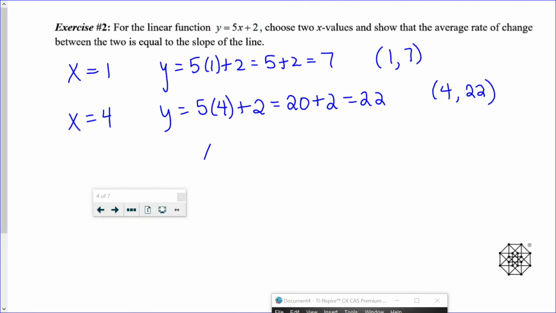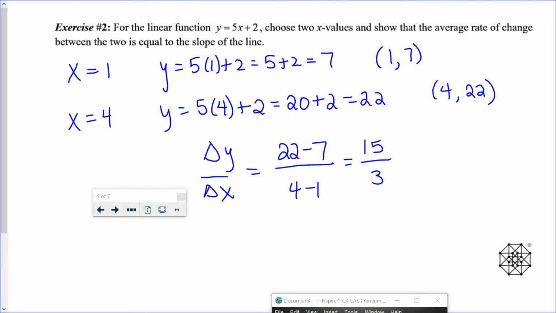And now if I do the change in y divided by the change in x, I'll do 22 minus 7, divided by 4 minus 1. Keep in mind, there's a nice interpretation of this. That means that between those two x values, y increased by 15 units while x increased by 3. And then if I do 15 divided by 3, I get 5, and there's that 5 right there.